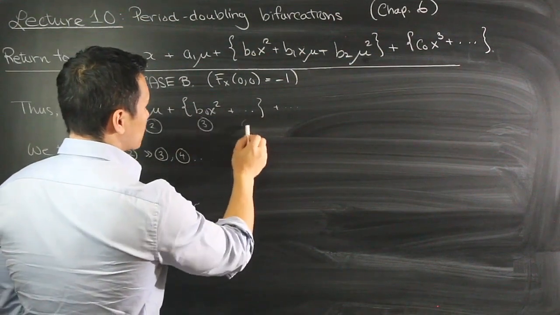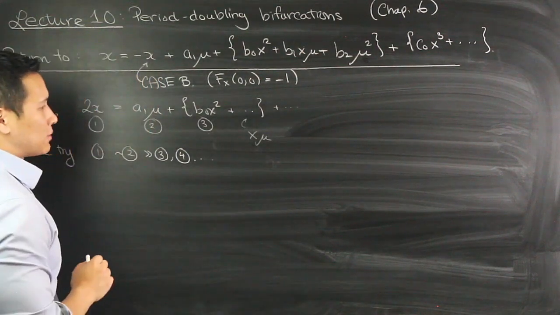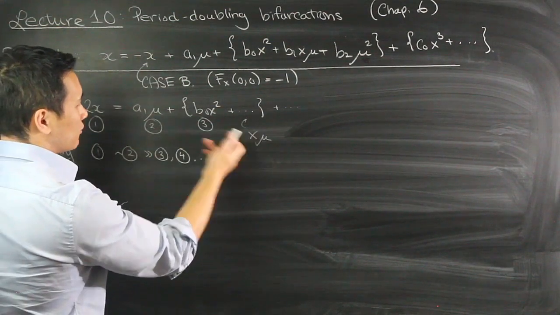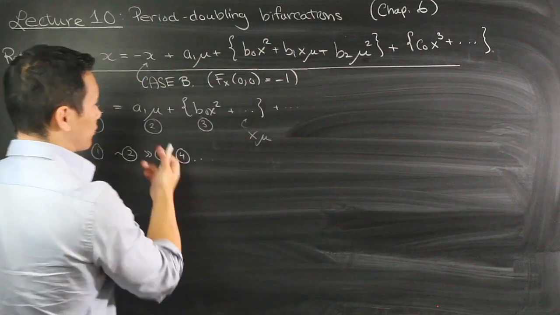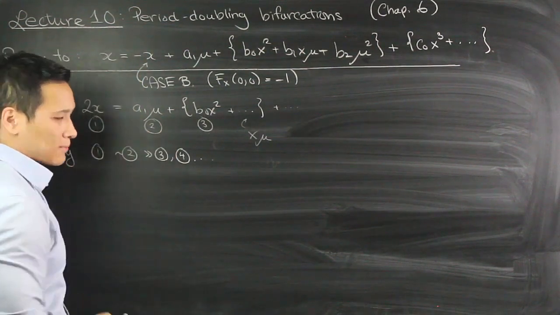Moreover, the terms that we didn't write down include terms like x times mu. But if you include the mu here, then x times mu is smaller than mu. And then there would be a mu squared, and the mu squared will have to be smaller than the mu as well. So this is the most obvious balance to try.